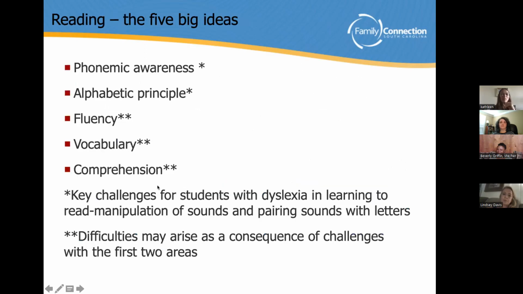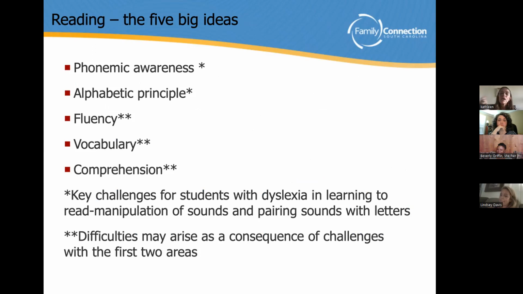Okay, so that's just a little link you can follow. So these are the 5 big ideas, okay? Phonemic awareness, alphabet principle, fluency, vocabulary, and comprehension. The top 2, with the single asterisks, are the key challenges for students with dyslexia in learning to read. Manipulation of sounds and pairing sounds with letters.